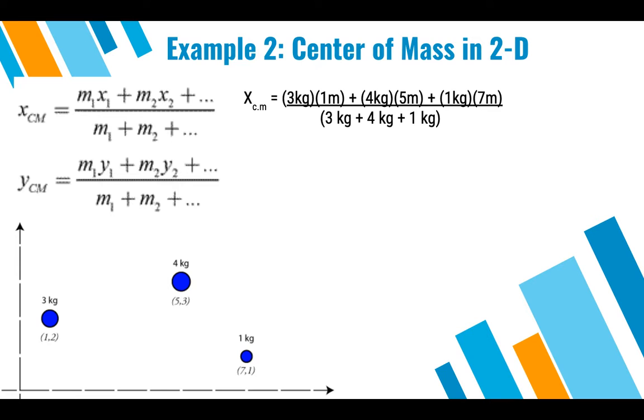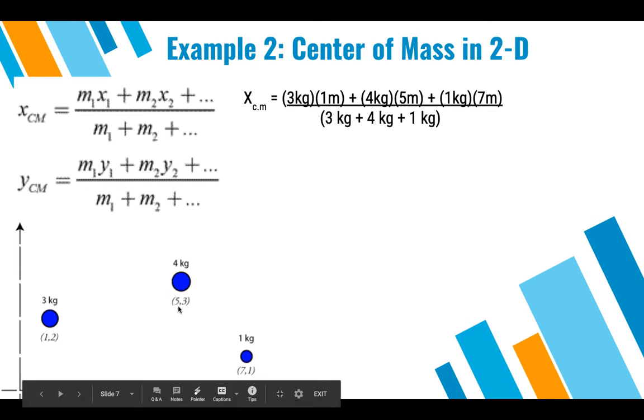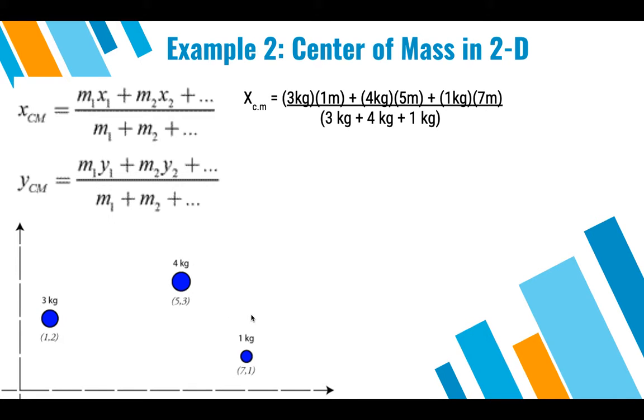So I have 3 kilograms times 1 meter, plus 4 kilograms times 5 meters, plus 1 kilogram times 7 meters, divided by the sum of the masses of the system, which is 8 kilograms. Notice here that our kilograms cancel, and we're left with just meters. So our x-coordinate for the position of the center of mass is 3.75 meters.